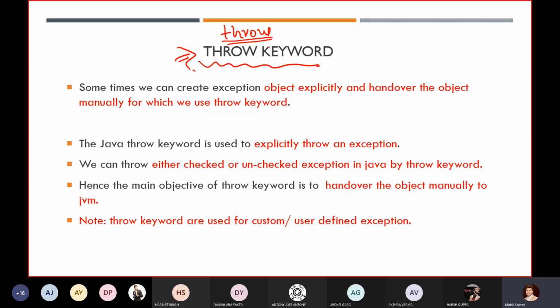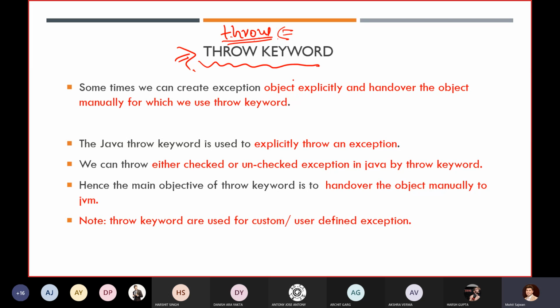If a programmer wants to throw some sort of exception, he or she can directly throw that particular exception. Whenever we throw an exception object, we have to use the throw keyword, right?